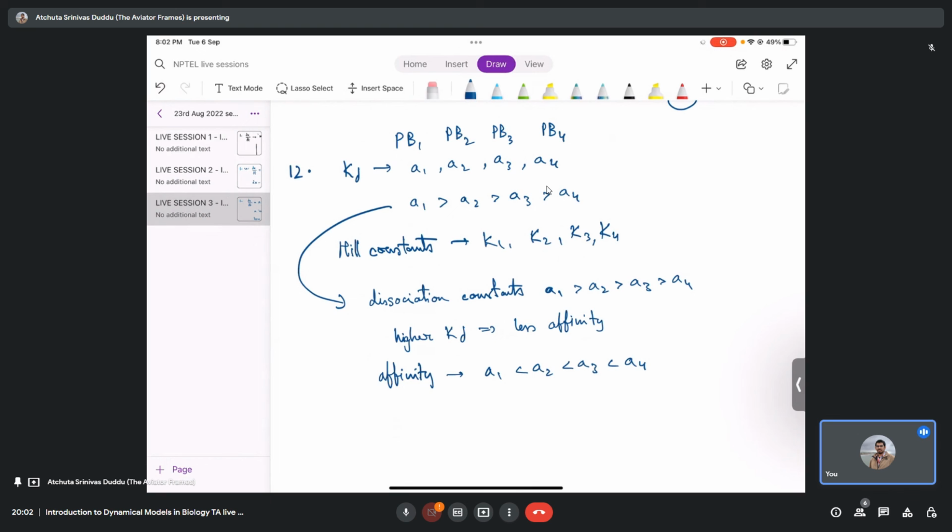And coming to the Hill's coefficient, Hill constant is the half max value, right?